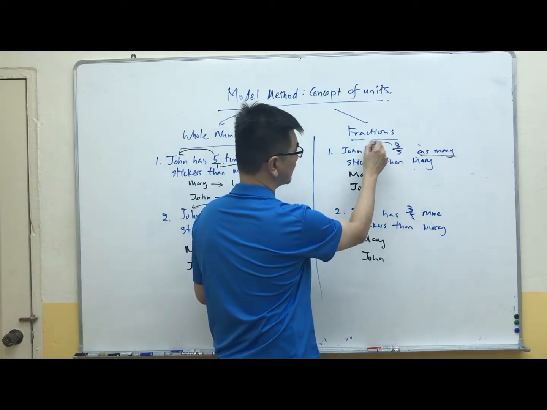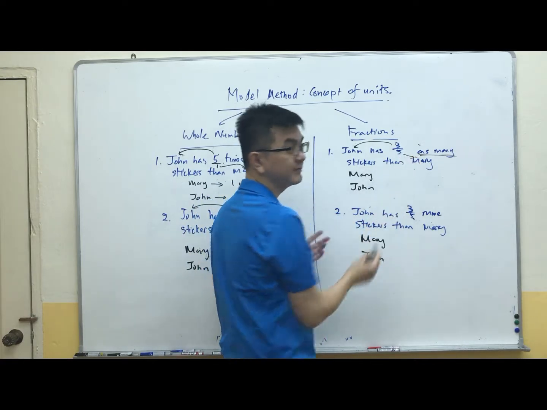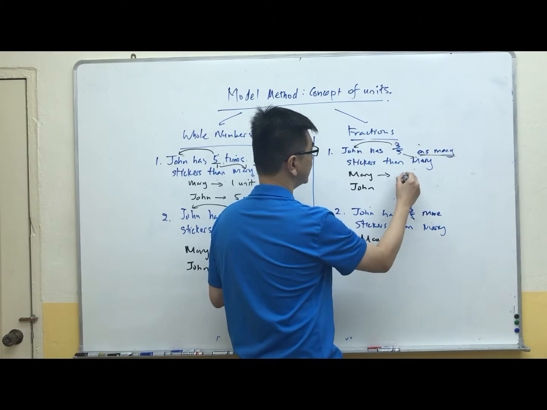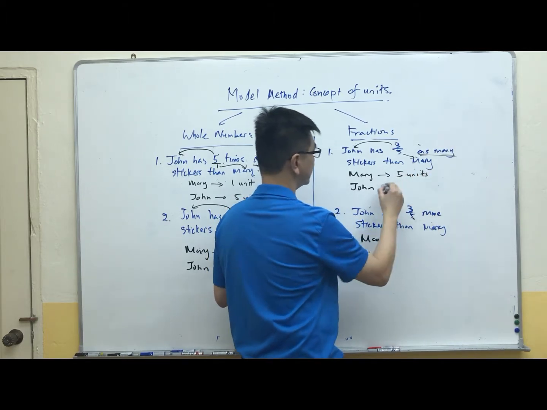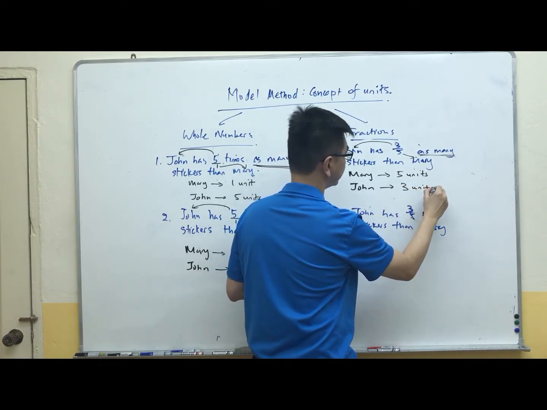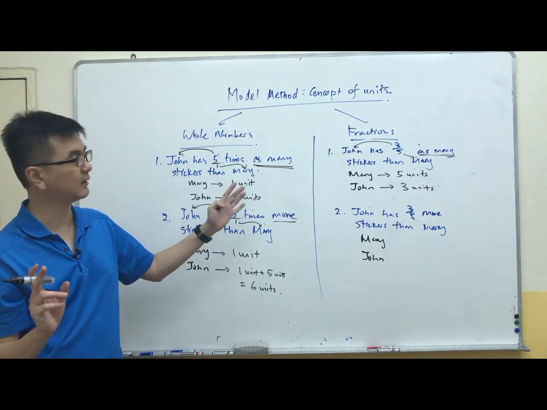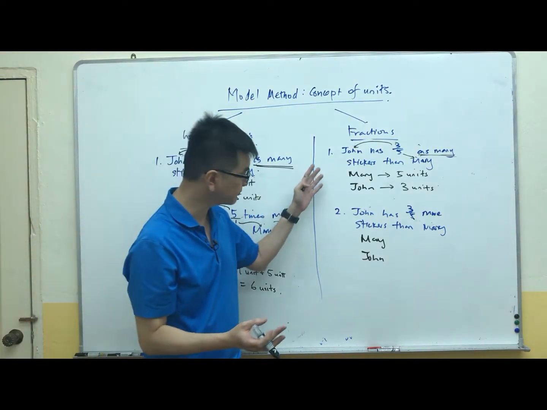So John will be assigned 3 units and Mary will be assigned 5 units. Again, we use the term units instead of stickers because we do not know how many stickers they have specifically.